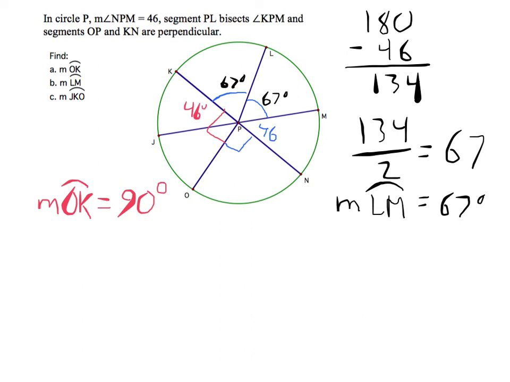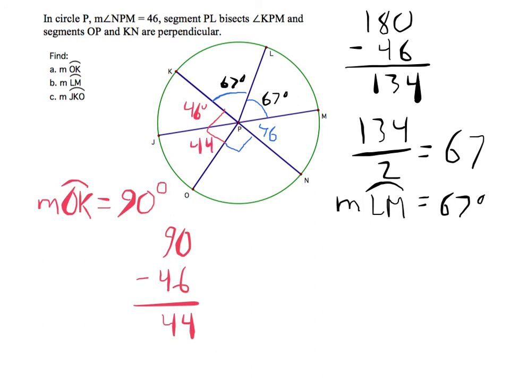And so then if KPJ is 46 and KPO is 90, if I do a little bit of quick math here, 90 minus 46 leaves me with 44. So that means this little angle is 44.